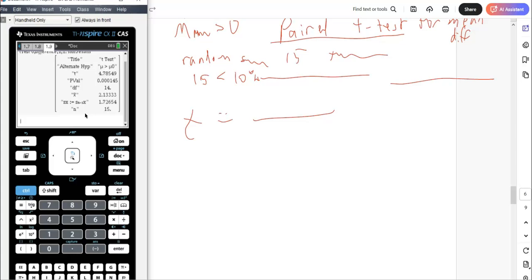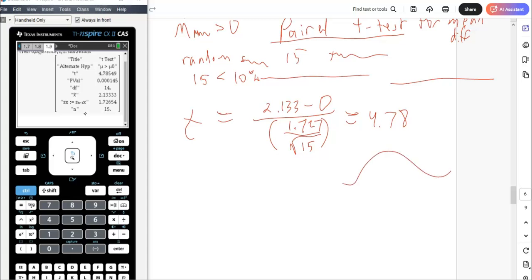Okay, so if you want to do t from that, you could say x bar is 2.133 minus the mu null, which is 0, over a fraction, and that's going to be the standard deviation 1.726 or 727 over square root of 15. Should give you 4.78. Wow, that's a whopping big t-score. So expecting a very small p-value here.